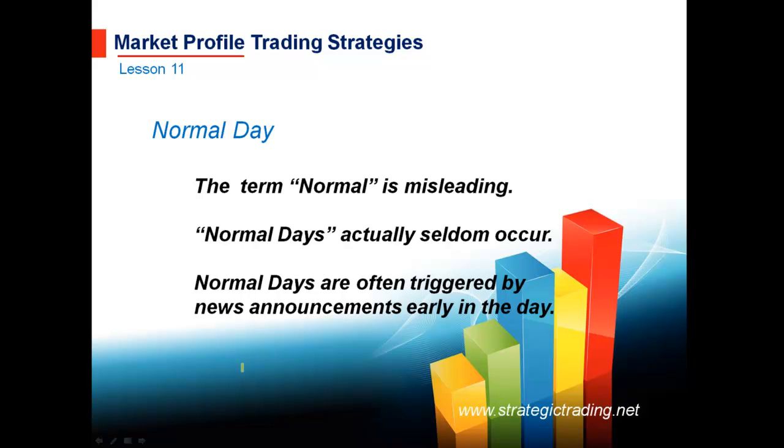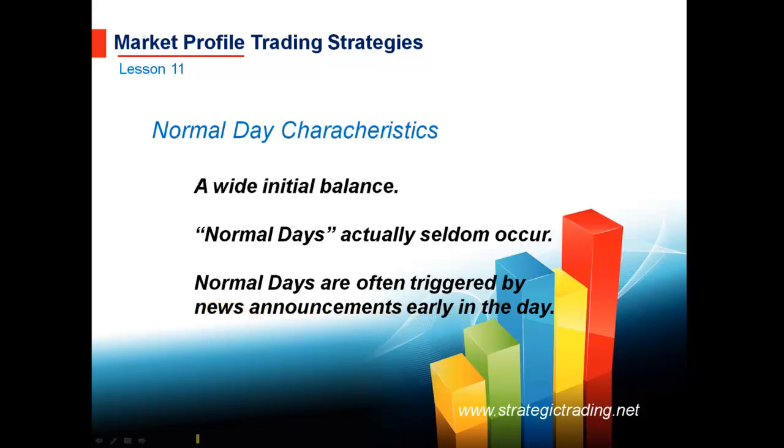However, normal days are often triggered by news announcements early in the day. So let's see what happens when we get a news announcement early in the day that gives us a normal day. The typical characteristic of this normal day is a wide initial balance.